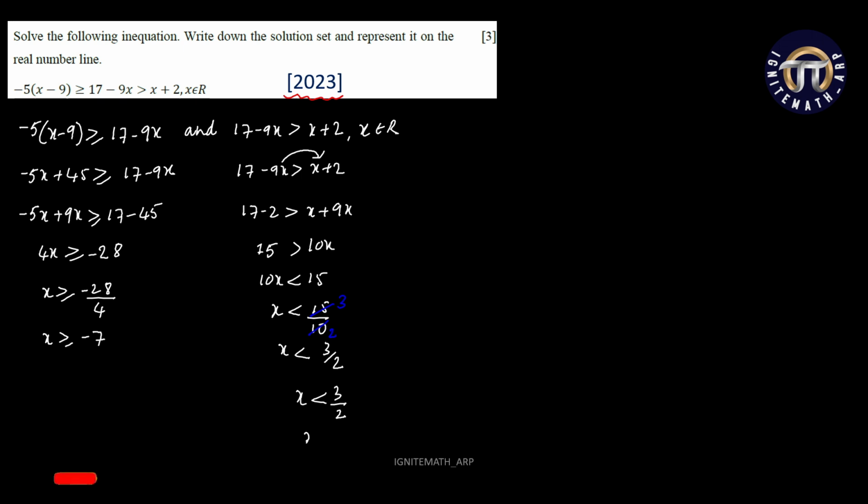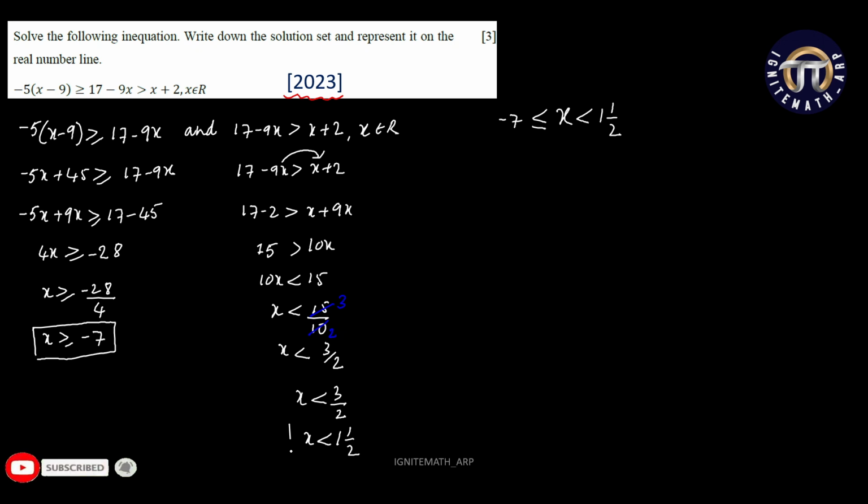I combine this: x is smaller than 3 by 2, and x is greater than or equal to -7. I will combine them because I need to see the first part and the second part, and write the inequality like this.